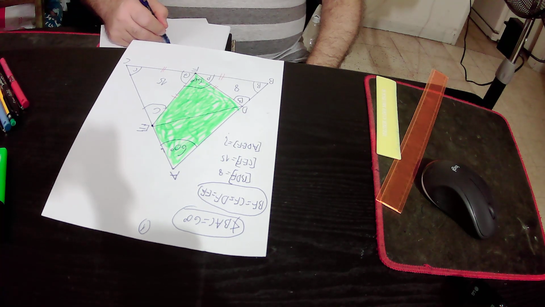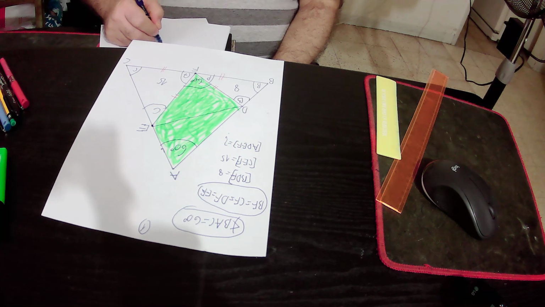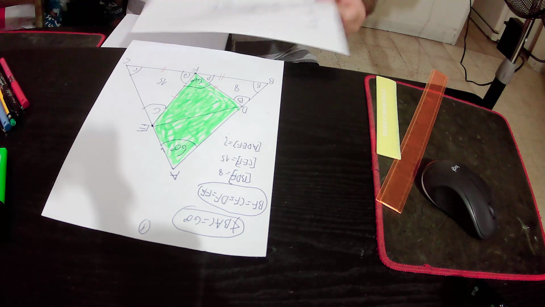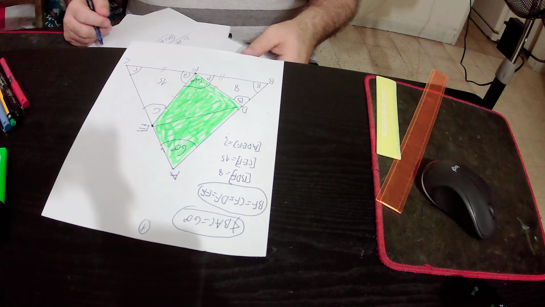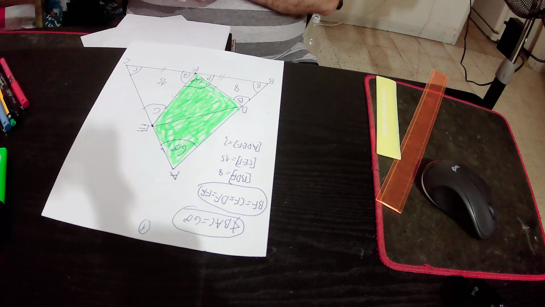Side DF of triangle DFE equals side EF of triangle DFE. Okay, we have rule number 1 that says that in front of equal sides in the triangle there are equal angles.